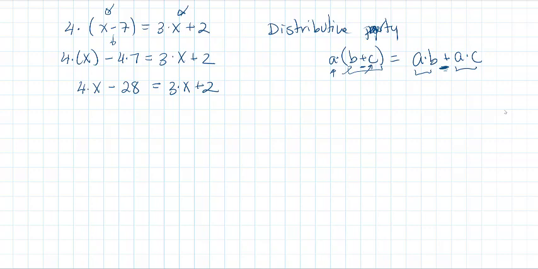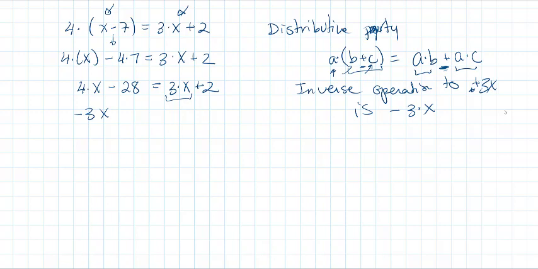So let's use the inverse operation to plus 3x, which is minus 3x. So we will subtract 3x from both sides. So we're using the subtraction property of equalities.